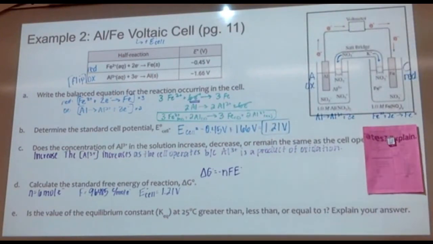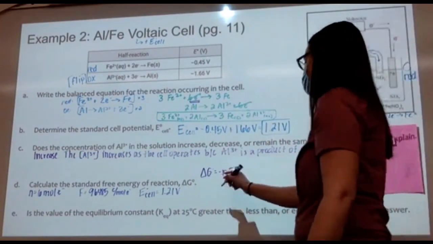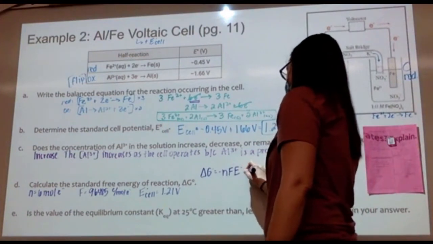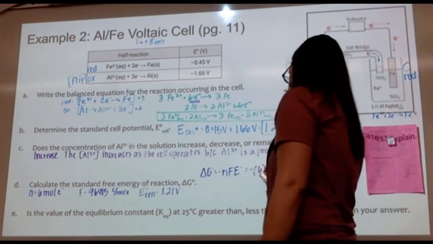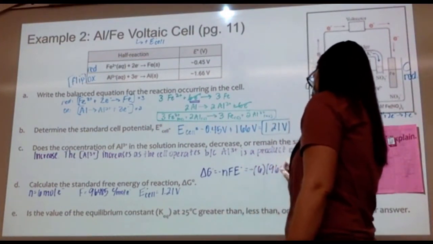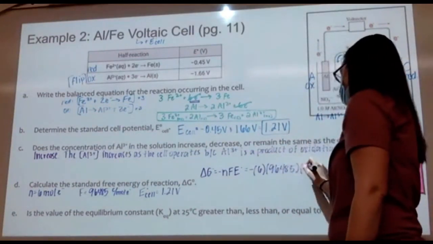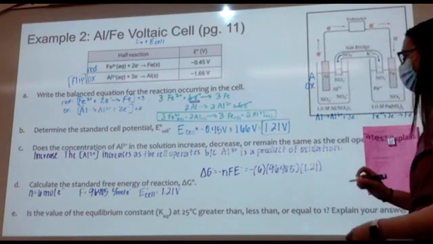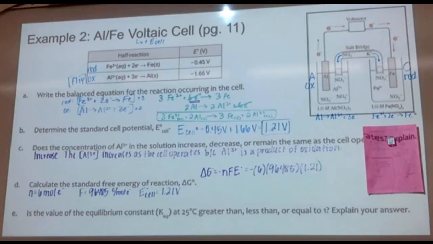Now we can plug everything in. Don't forget that negative. So negative 6 times 96,485 times 1.21.